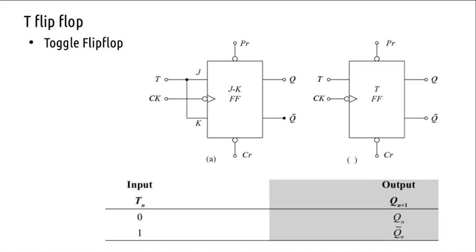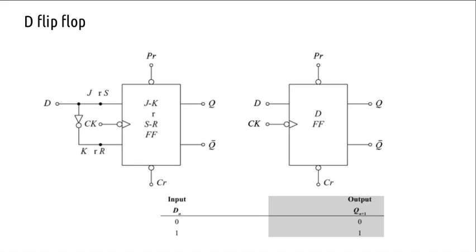So this is the toggle flip flop. Then there is a D flip flop, the data flip flop.